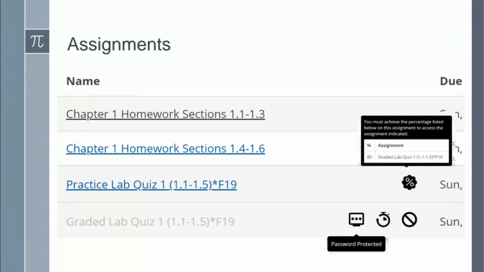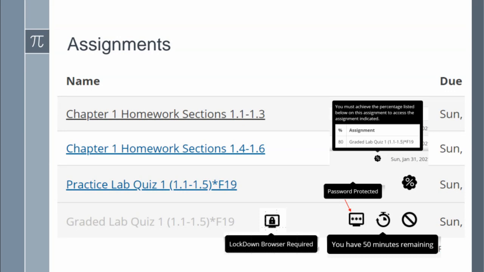In this particular example, we have here chapter 1, homework sections 1.1 to 1.3. Once we click on them, they can tell you how much time you have remaining. There are some assignments that are either password protected or have a lockdown browser.